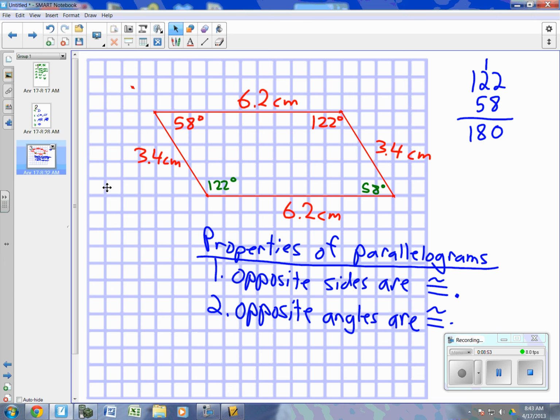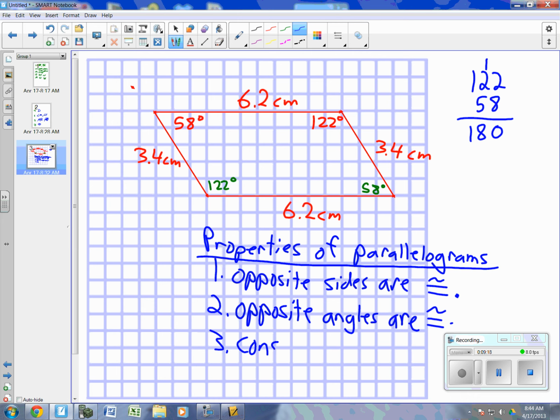If I add up any two consecutive angles, like 58 and 122 here, or 122 and 58 here, what do I get? 180. What do we call two angles that add up to 180? Supplementary.